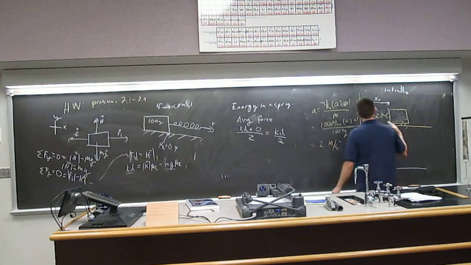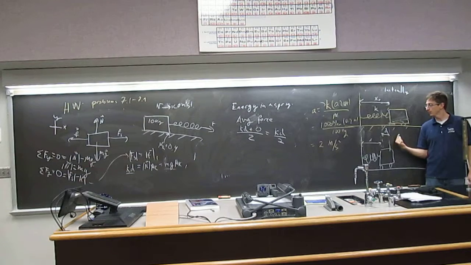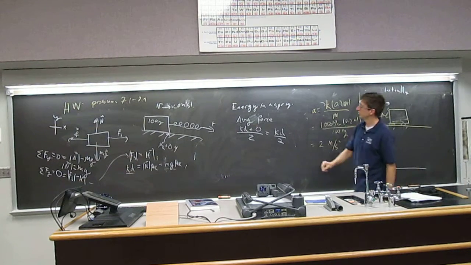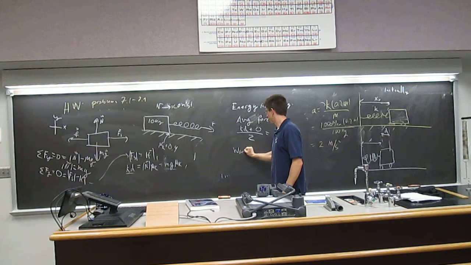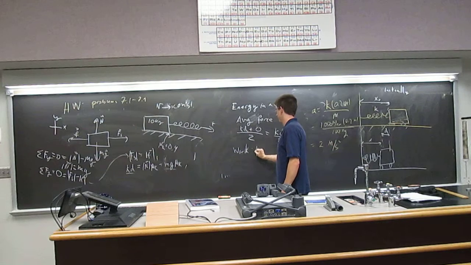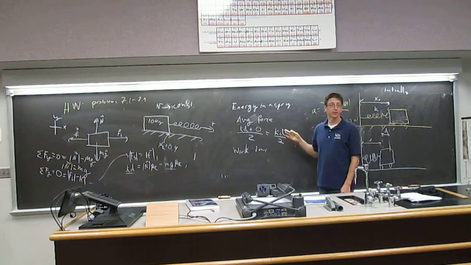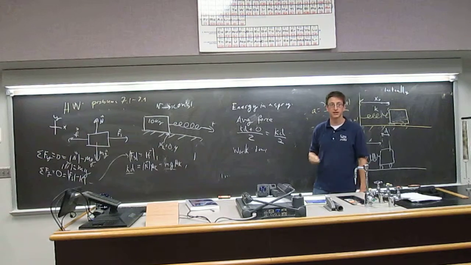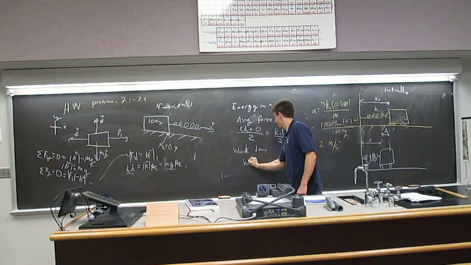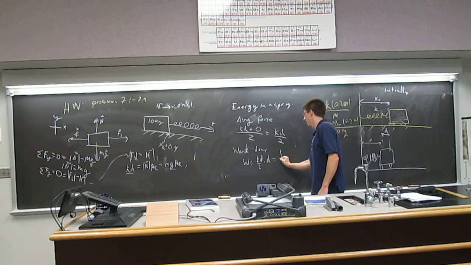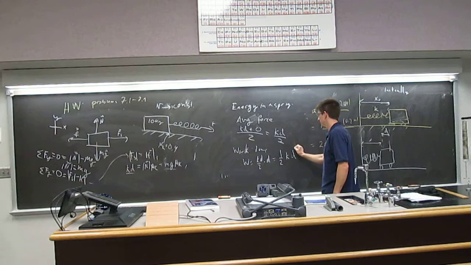So I exert a force in that direction, and I move a distance d in that direction. So the work done to compress the spring is this force times the distance compressed, which is d. kd over 2 times d, which is 1/2 kd squared.